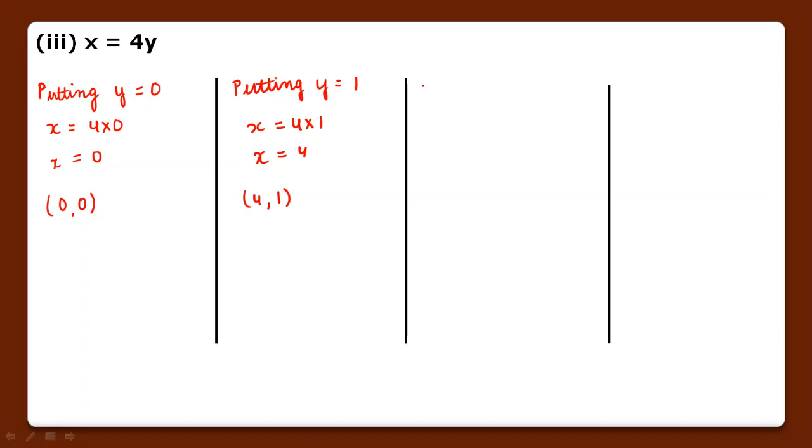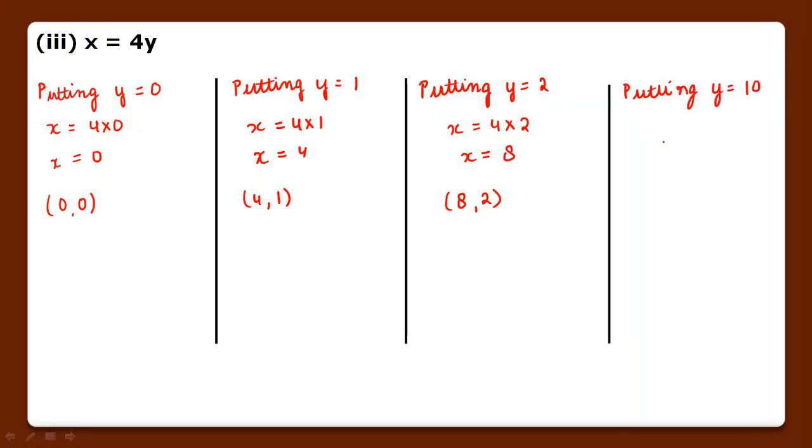In this way, you can put any number. Putting y equals 2, x equals 4 into 2, x equals 8. Our third solution is 8, 2. Putting y equals suppose 10, so we'll get x equals 4 into 10, x equals 40.